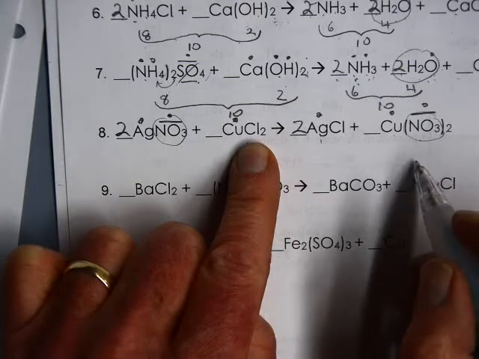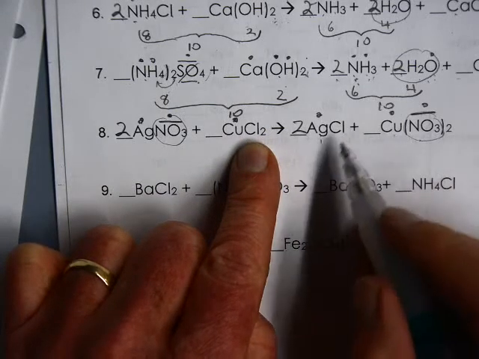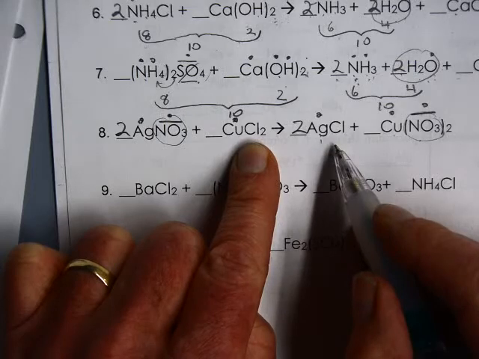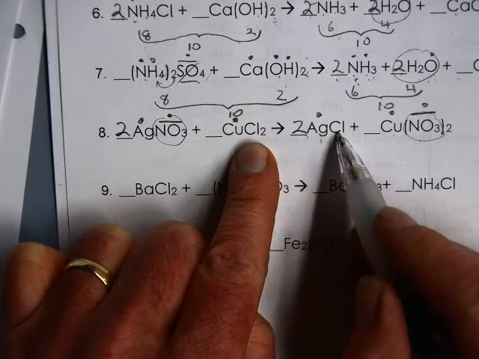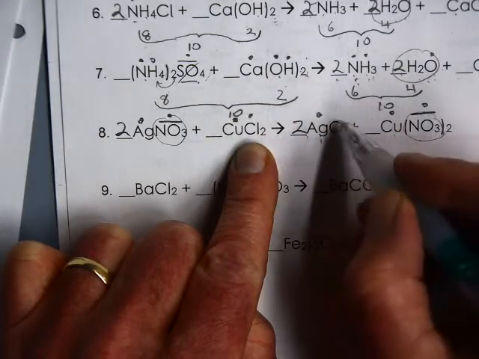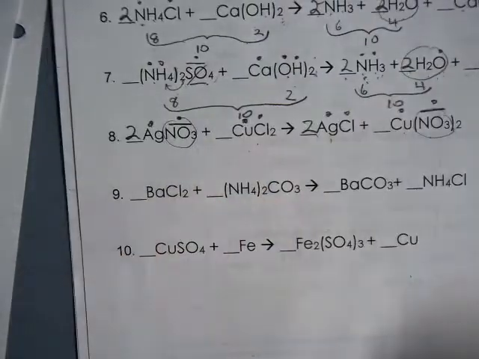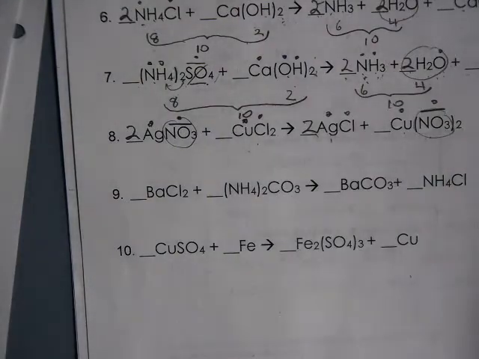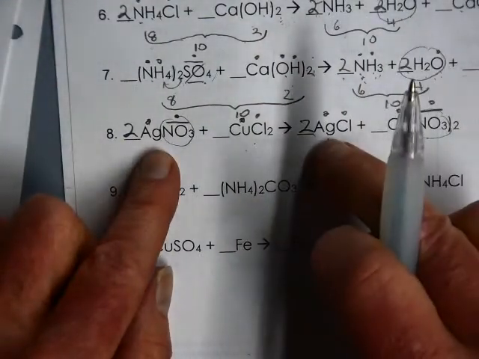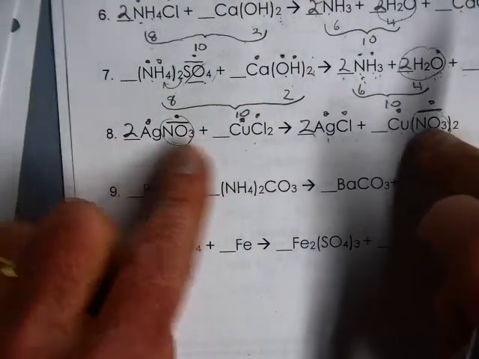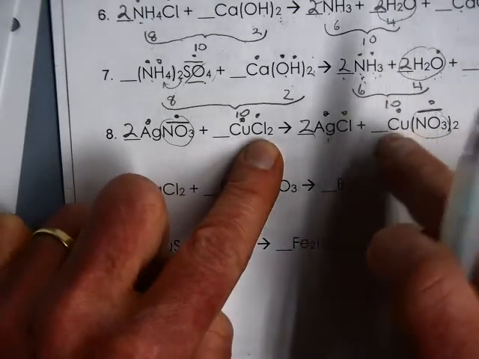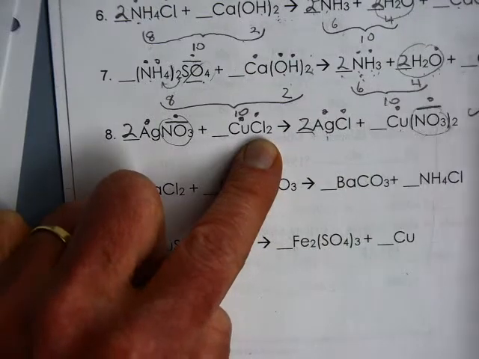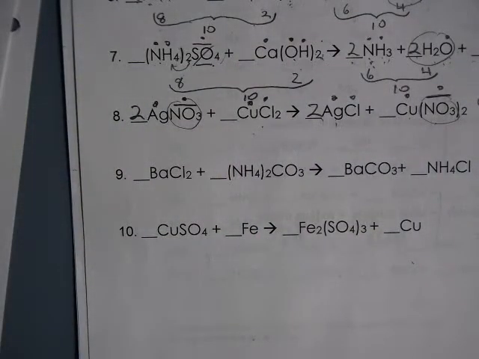How many chlorines do I have here? 2. How many chlorines do I have here? 2. I have 2 here, 2 here. It's balanced. 2 silvers, 2 silvers, 2 nitrates, 2 nitrates, 1 copper, 1 copper, 2 chlorides, 2 chlorides. Bob's your uncle. Just like that.